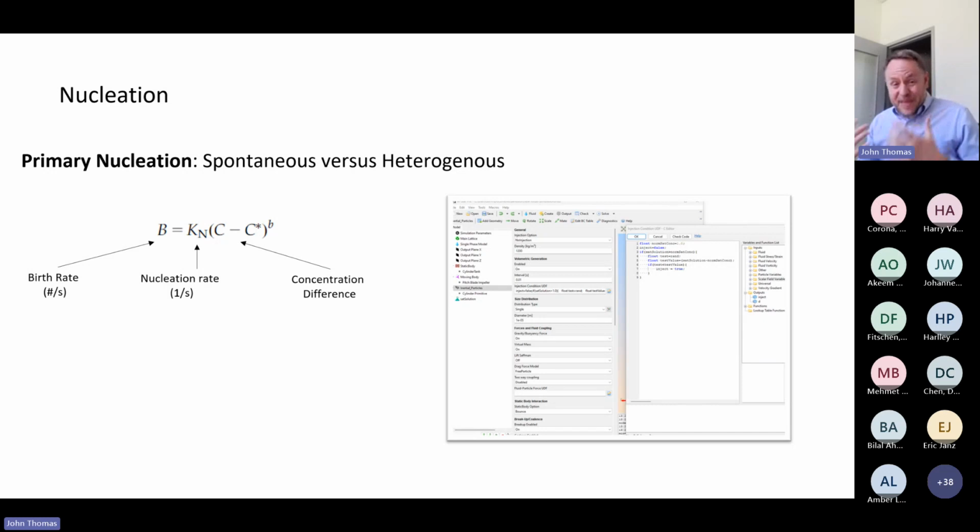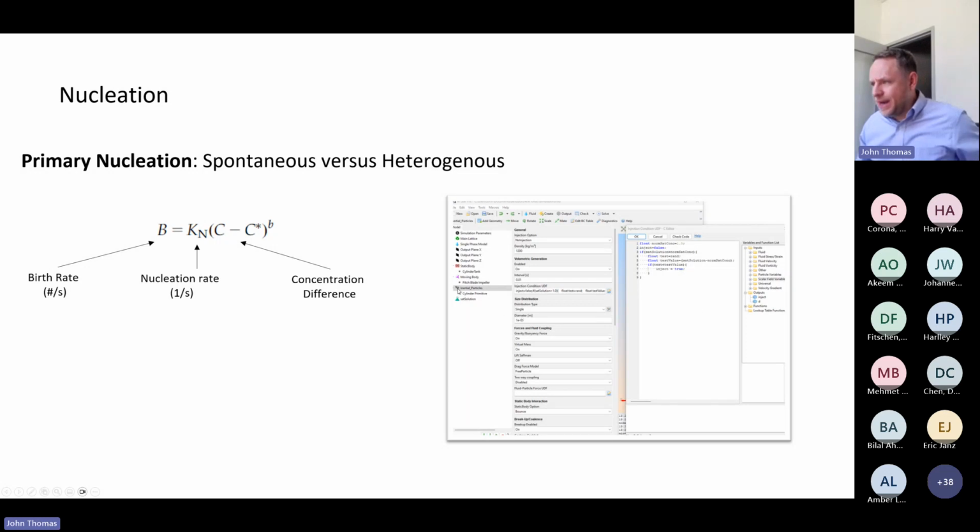This gets somewhat empirical, or semi-empirical, I should say. You need to know something about a nucleation rate. You need to know something about what the concentration difference should be informing that birth rate, as it were. So you need some sort of insights, if you have primary nucleation, into what's driving this generation. But if you have them, you can put them into this type of framework.